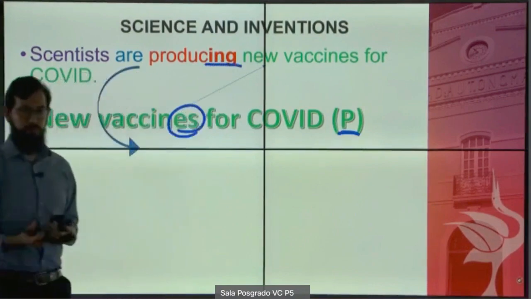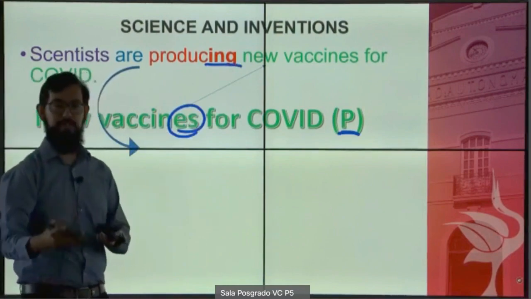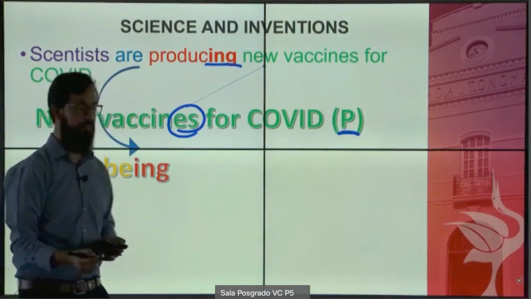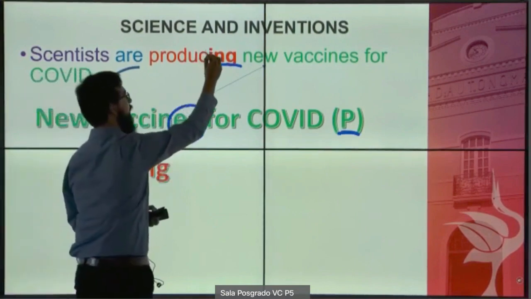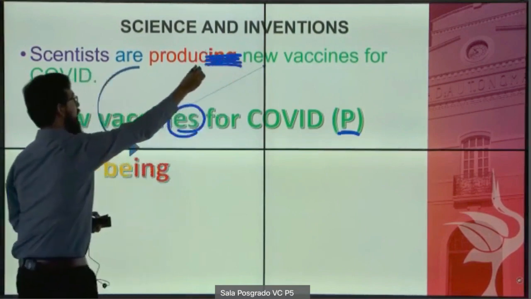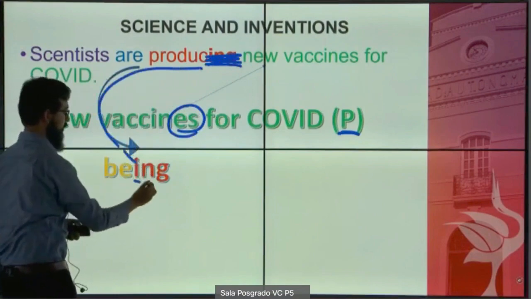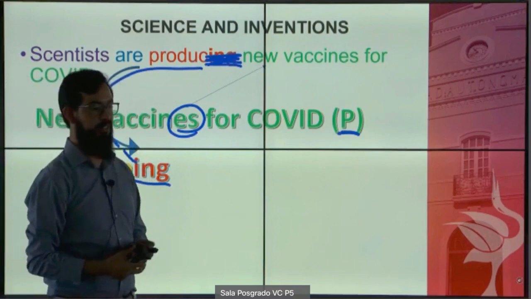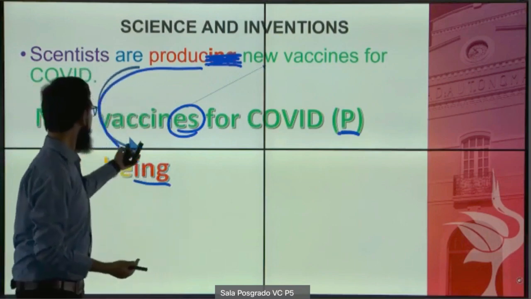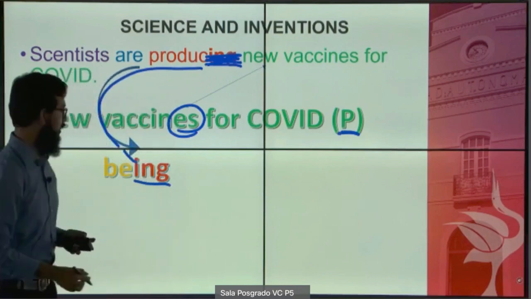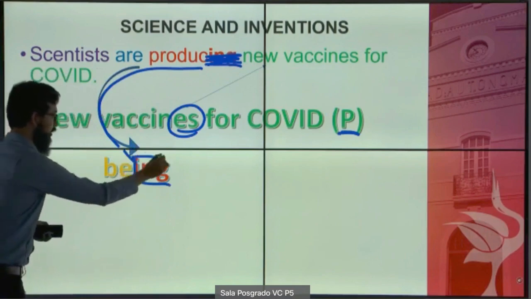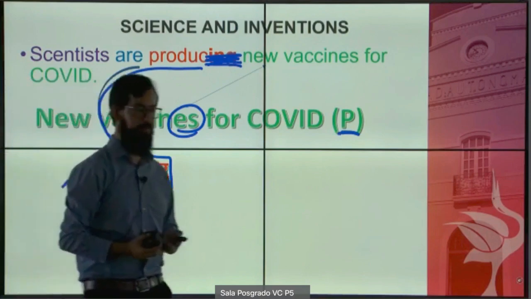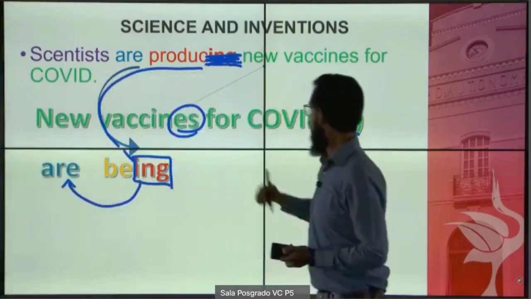Okay? Producing, as you know, is present continuous. Now, being. The ing, I take it out of here, and I put it here. Very smart, right? Very cool. With V. So, new vaccines for COVID, being. But in order to have ing, I need an auxiliary. Okay? Are.